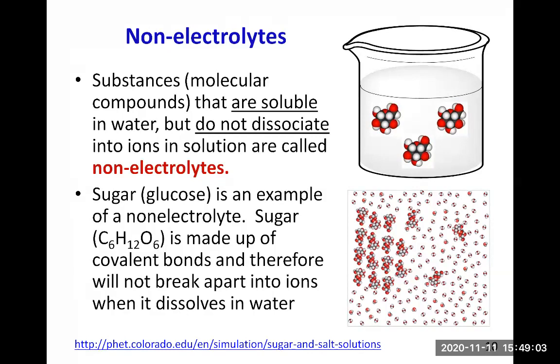Sugar, C6H12O6, is made up of covalent bonds and therefore will not break apart into ions when it is dissolved in water. It will stay as the big molecule with all its bonds still intact. And there is no charge, no positive or negative charge. So it's going to be a non-electrolyte because of that.